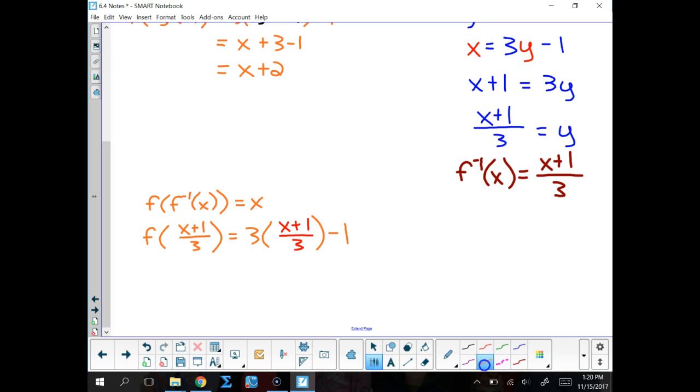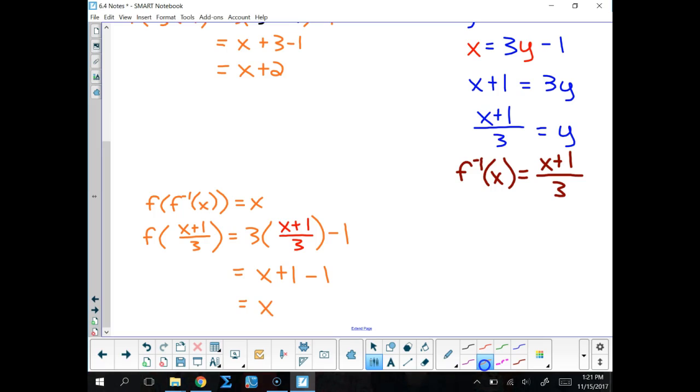The 3 times the dividing by 3 cancels that out. So that becomes x plus 1, then minus 1, which is just x.